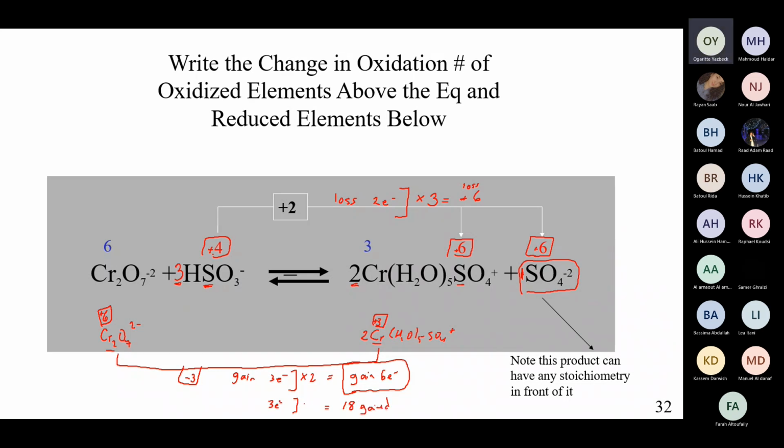If I needed 18, 3 times what gives me 18? 6. Okay, so somehow I needed to gain 18 electrons.